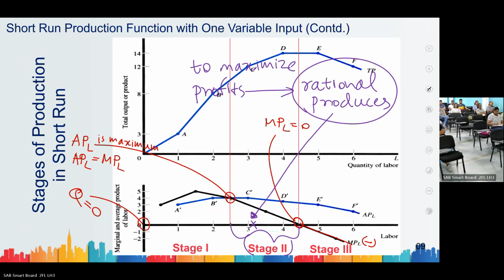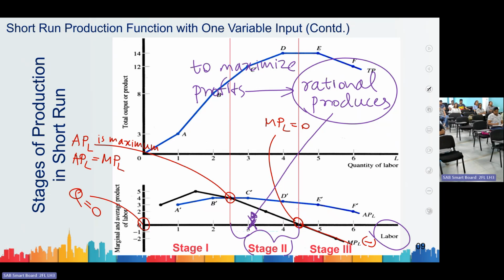So the level of production is indicated by the level of labor. We will find the level of labor at which a rational producer will operate.